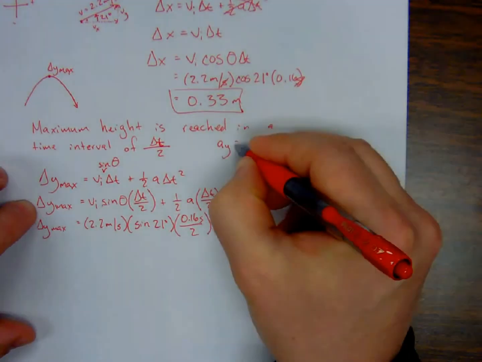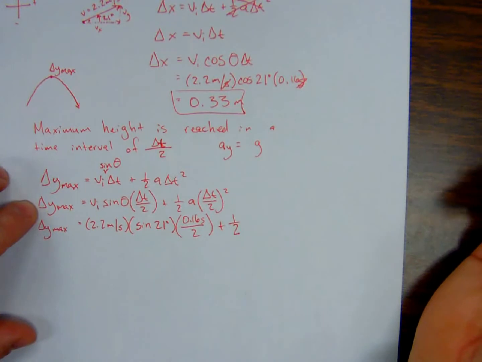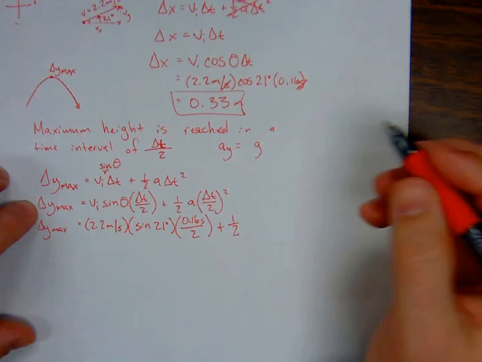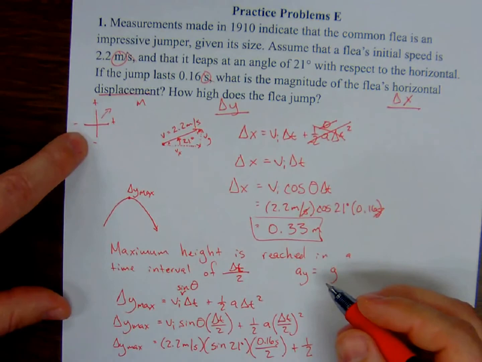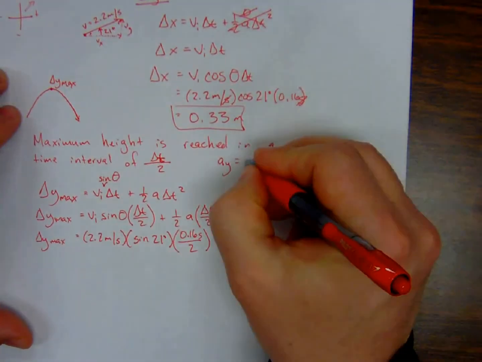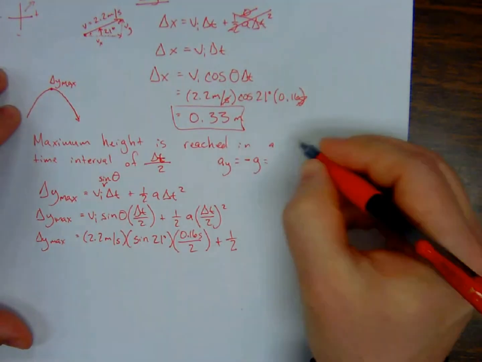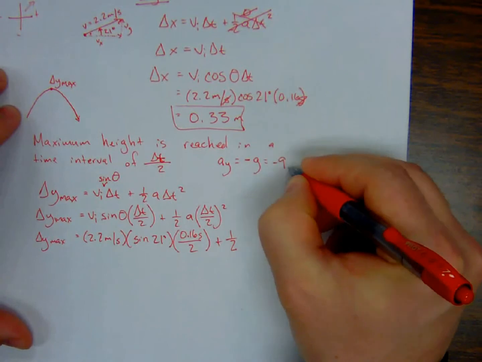And then, again, my time value is actually going to be delta t divided by 2. So my delta t is still 0.16 seconds. Divide that by 2, but I have to remember that it's squared. And now we're ready to bust this out.